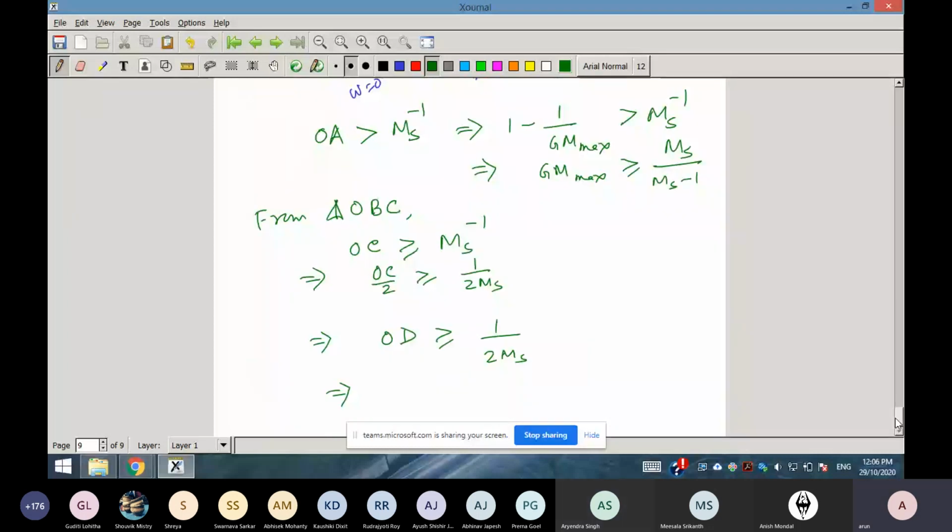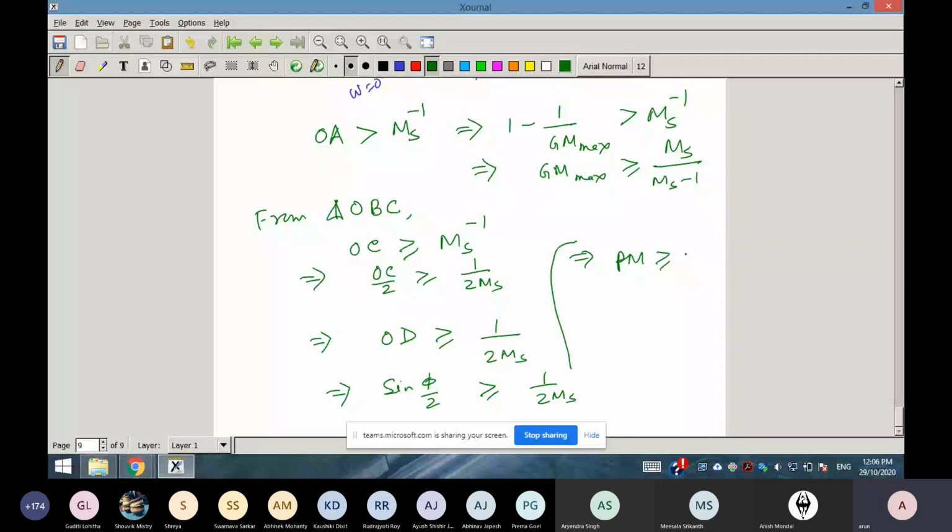So OD will be equal to just sine of phi by 2. This is equal to 1 by 2 MS. So this implies phase margin is greater than or equal to 2 sine inverse of 1 by 2 MS.